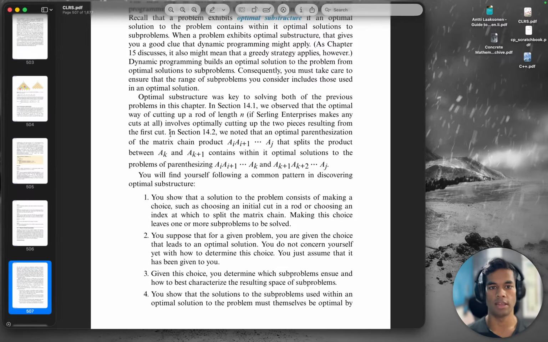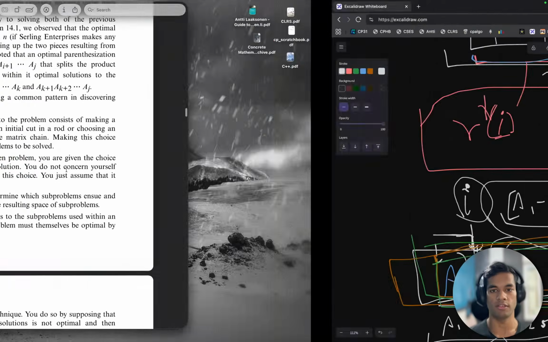Yes. In section 14.2, we noted that an optimal parenthesization of the matrix chain product A_i through A_j that splits the product between A_k and A_{k+1} contains within it optimal solutions to the problem of parenthesizing A_i through A_k and then A_{k+1} through A_j. That makes sense. That is what we saw here.